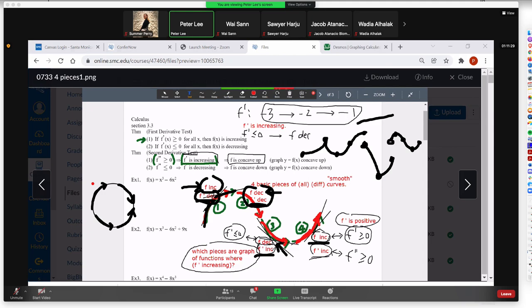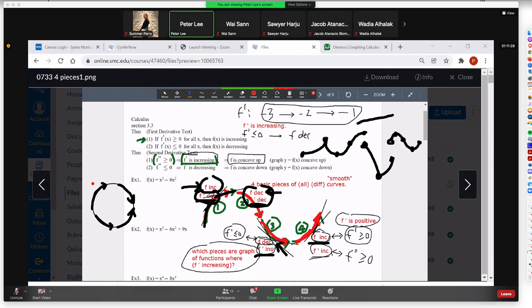This one is true. The second statement is true, and the last statement is also true too. So the first statement is false.